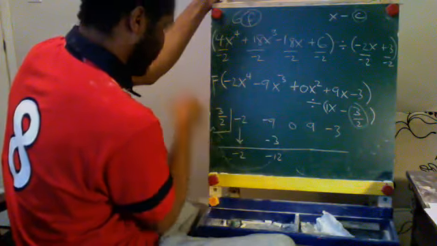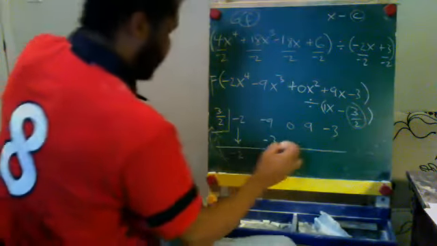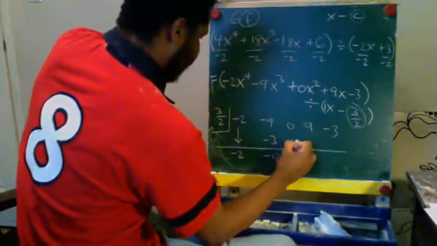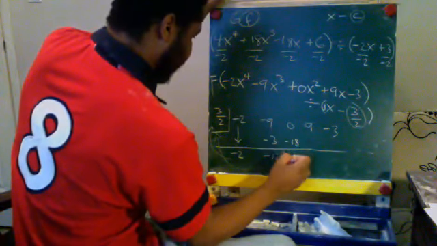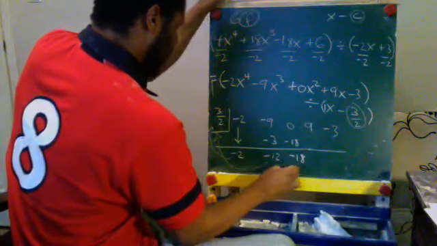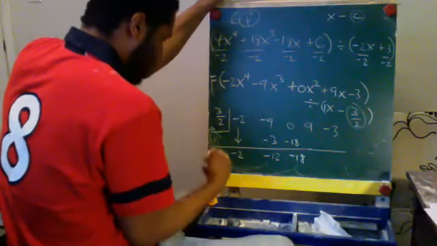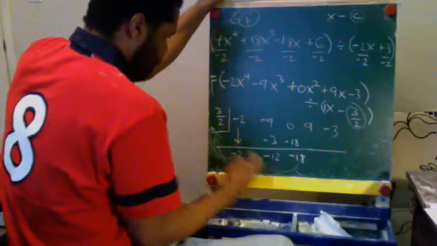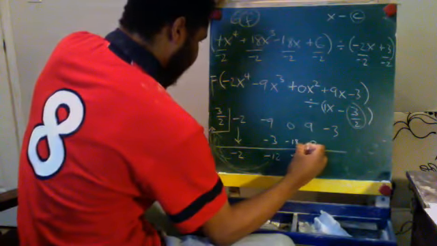And -6 times, so in other words, 1.5 times 12 is 18. So it's going to be -18. Add that, I'm going to take that 0 and -18, I'm going to get -18. Now, -18 times 1.5 of 18 is basically going to be 27, right? So it's going to be -27.